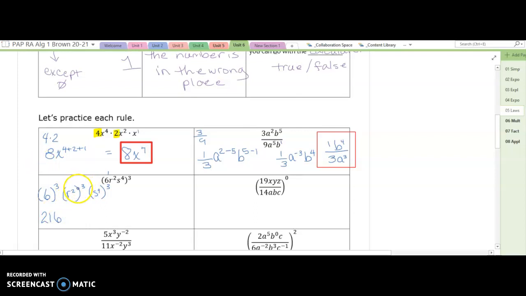That means we multiply these. 2 times 3 is 6. s to the fourth power. This is a 4, not a 9. Make sure you can read your handwriting. 4 times 3 is 12. So then we have 216 r to the 6, s to the 12. Anything raised to the 0 power, here's that special rule, is equal to a 1. Not too bad, right?